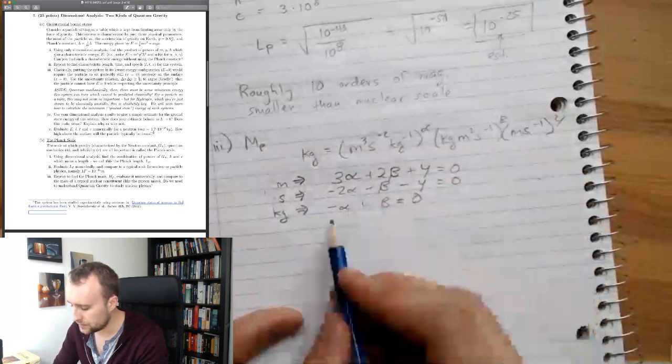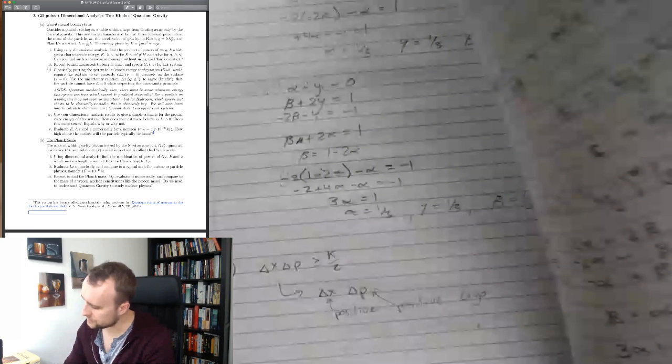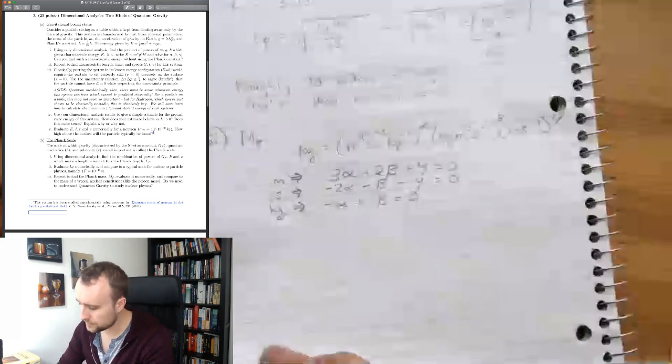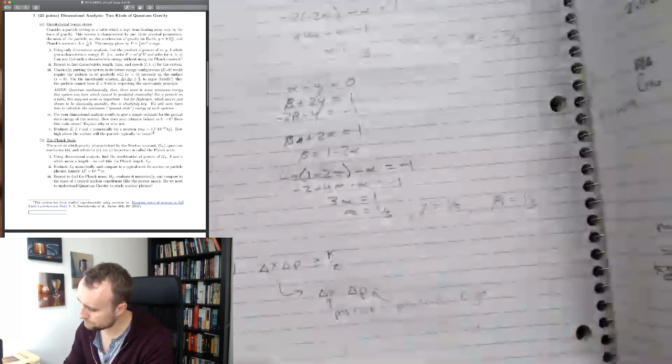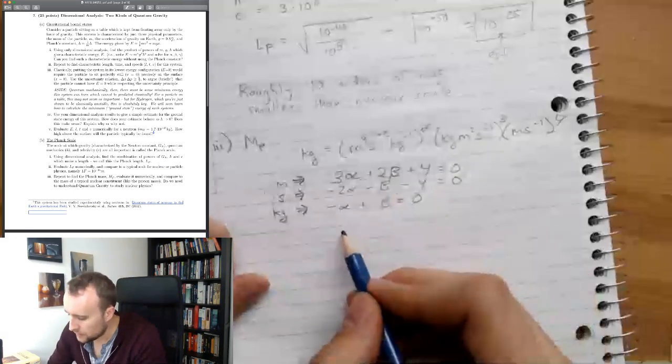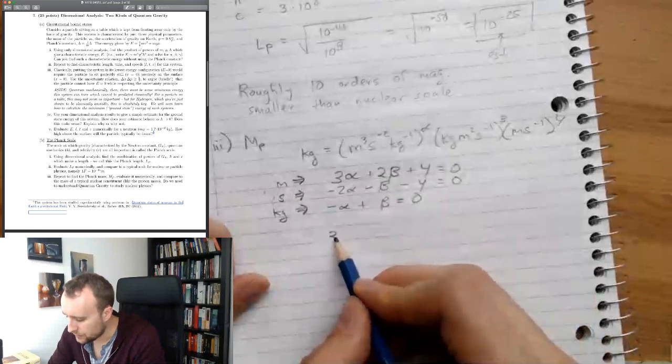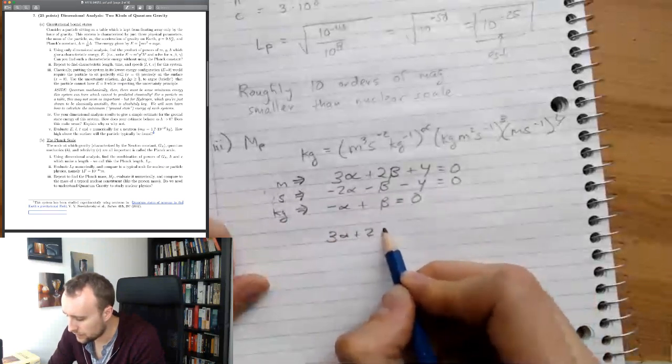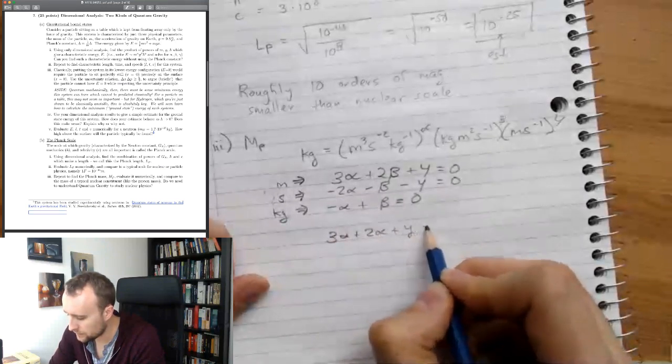So again, alpha equals beta. I'm going to double check that that's what I got the last time. Okay. So alpha equals beta. We go 3 alpha plus 2 alpha plus this is equal to 0.